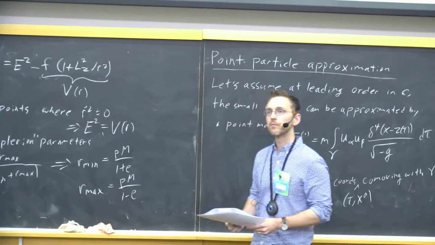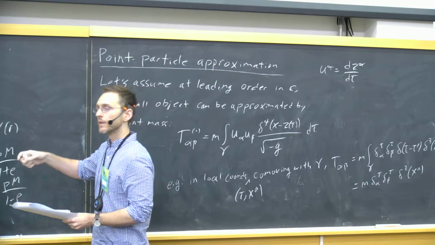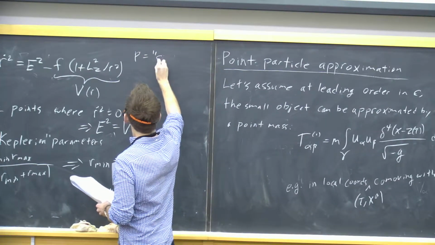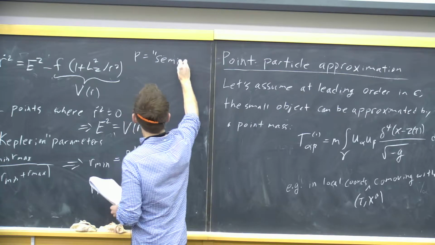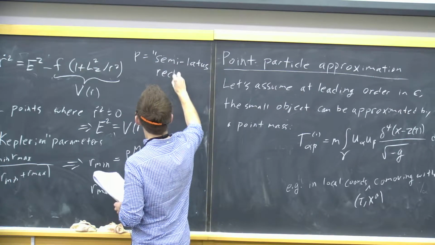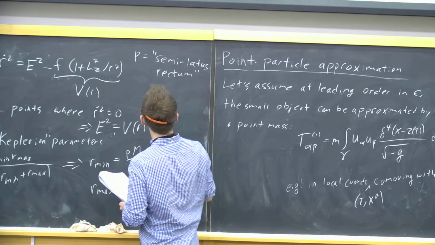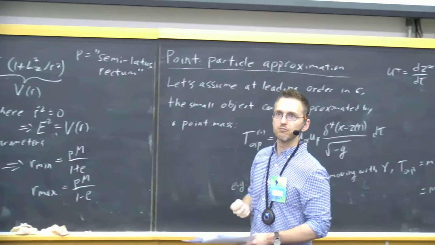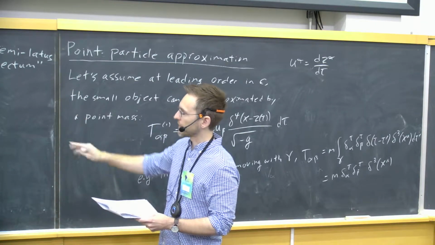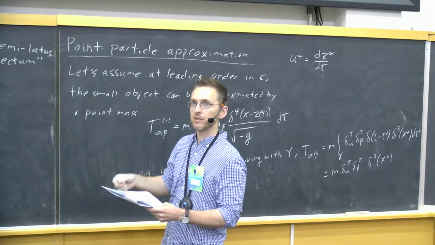And p is the semilatus rectum. I don't know Latin, so I don't know why it's called that. But I will draw in a picture what these mean on just the ellipse in a second.